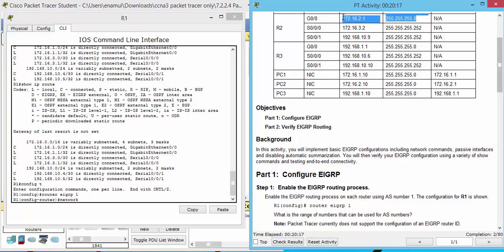The gigabit interface address is 172.16.2.1, and the network address is going to be 172.16.2.0.